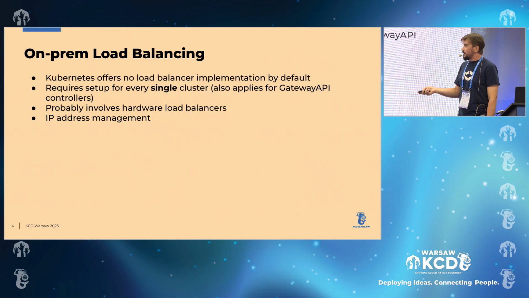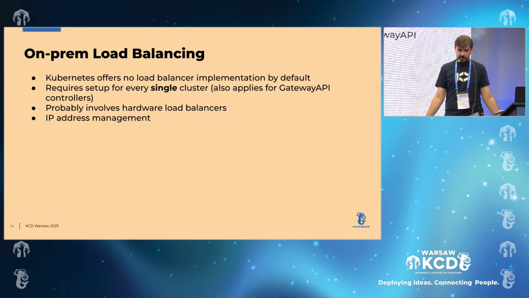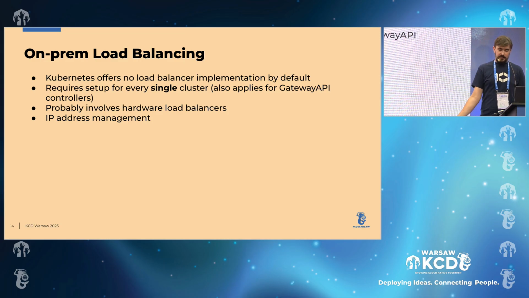Boom, done. But on-prem load balancing is a different story. As we know, Kubernetes offers no load balancer implementation by default. So it needs a setup for every single cluster, and that applies also to your Gateway API controllers or ingress controllers. When you have a multi-cloud environment with many clusters to manage, you need to deploy the same things on each of them.